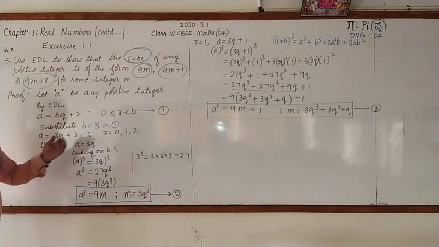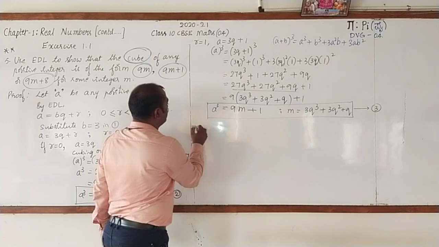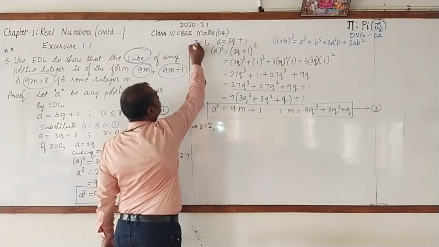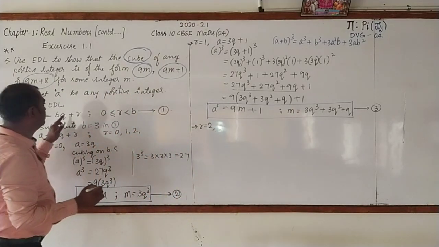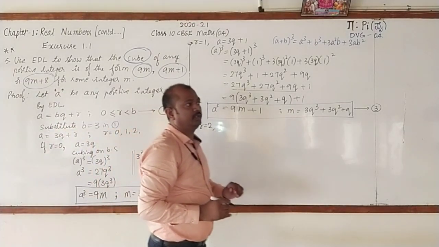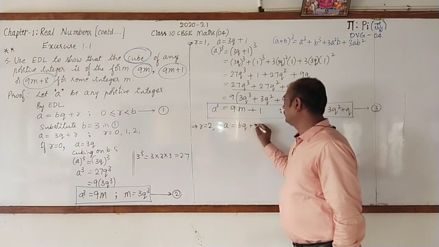What is that? If r equal to 2, let us say that, then a equal to 3q plus 2. Here I will write: a equal to 3q plus 2.